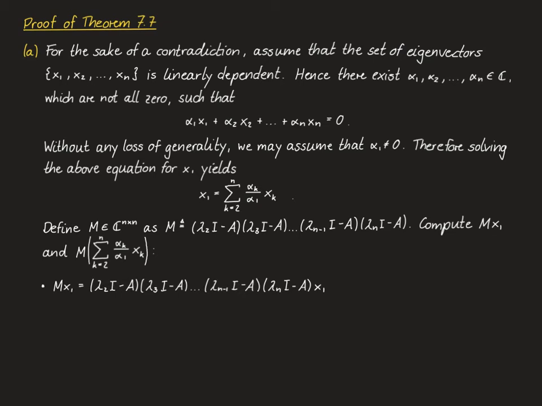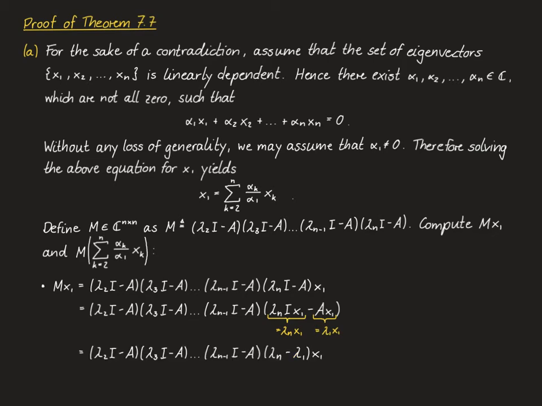First, for Mx1, we can substitute the definition of M to obtain this expression, and we can now begin to multiply x1 into this first matrix in brackets here, where we see that lambda n times identity times x1 is equal to lambda n times x1, and Ax1 equals lambda 1 times x1, because x1 is the corresponding eigenvector to the eigenvalue lambda 1.